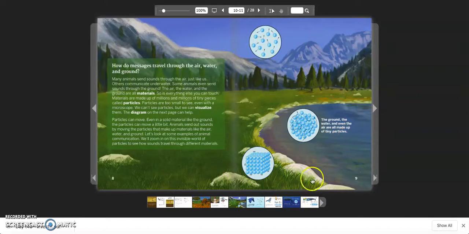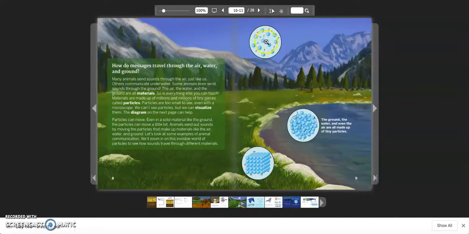So when we look at the diagram, we know that in air, water, and the ground, there are particles in all of those materials. However, the particles are so small that we can't see them, but they still do exist. And this is how they exist, and this is how animals are able to communicate like us, and these particles go from one place to another.